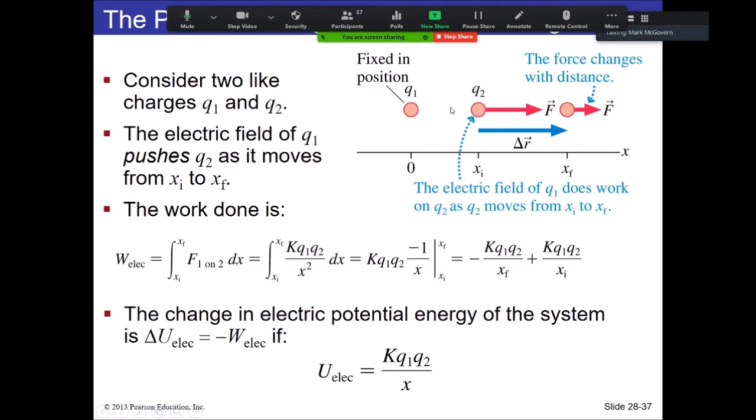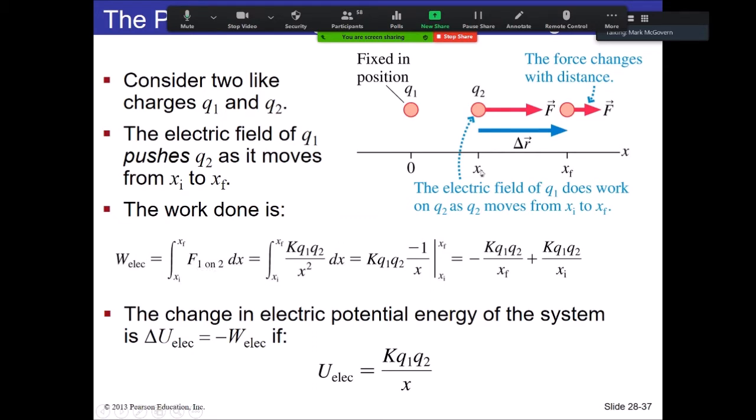As a result of being in proximity, they're going to experience forces between them, which means they are going to have an equivalent potential energy. At some later time, because Q2 is allowed to move, it's going to travel along the x-axis. The force is going to continue to decrease as it moves away. And so we have to work out the path integral for the work here.